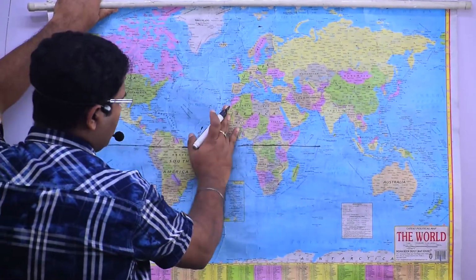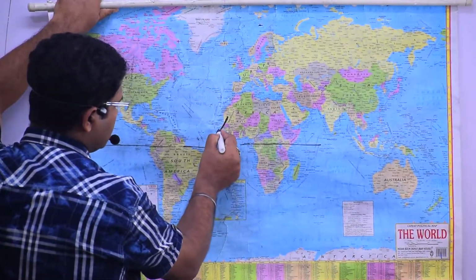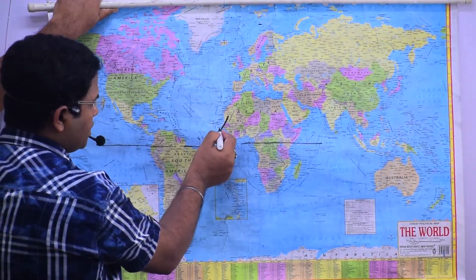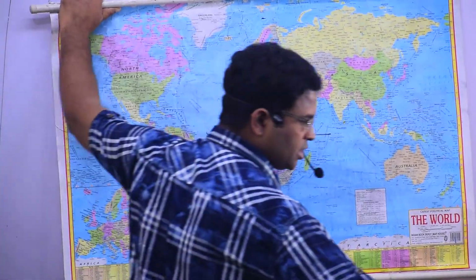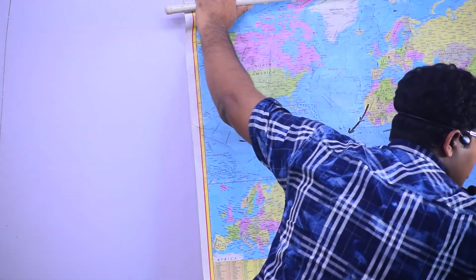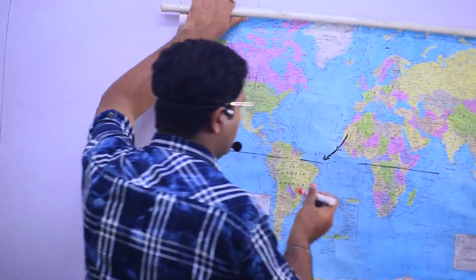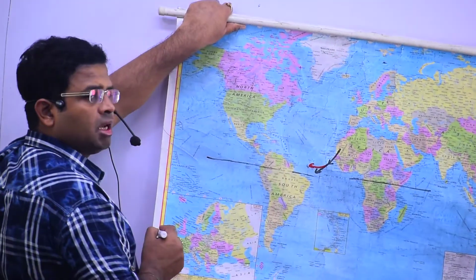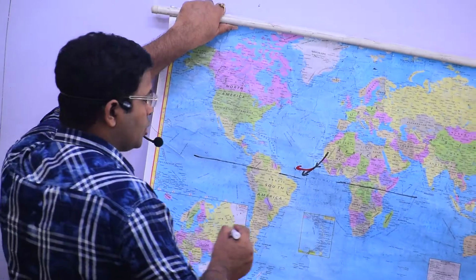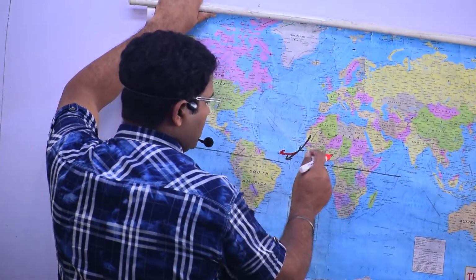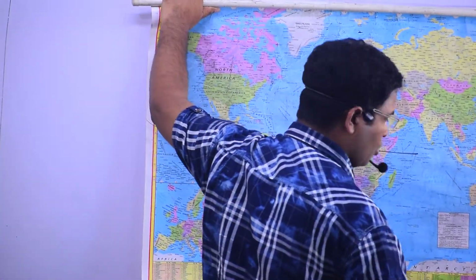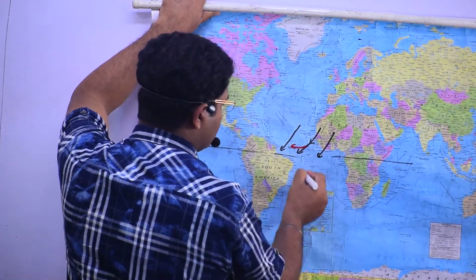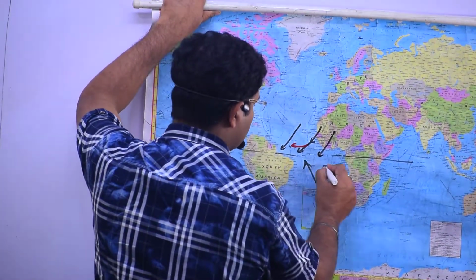When the northeast trade wind moves like this, it puts friction onto the sea surface, and when the sea surface gets friction, the ocean current will also deflect towards the right with respect to the wind. So when the wind moves, the ocean current moves like this, under the northeast trade wind, and then there is the southeast trade wind.